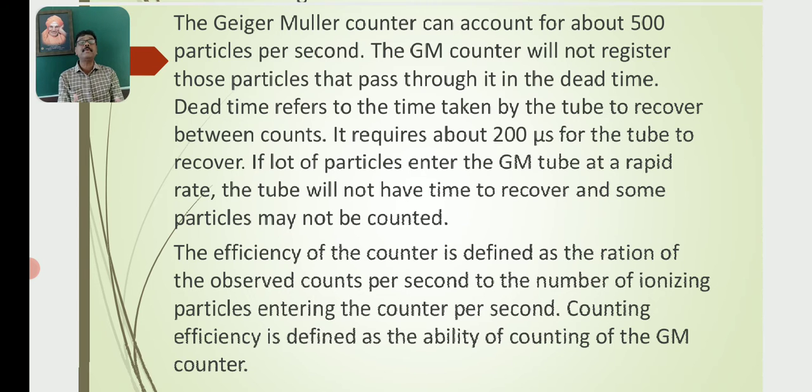If a lot of particles enter the GM tube at a rapid rate, the tube will not have time to recover and some particles may not be counted. So this is another drawback of the Geiger-Müller counter.